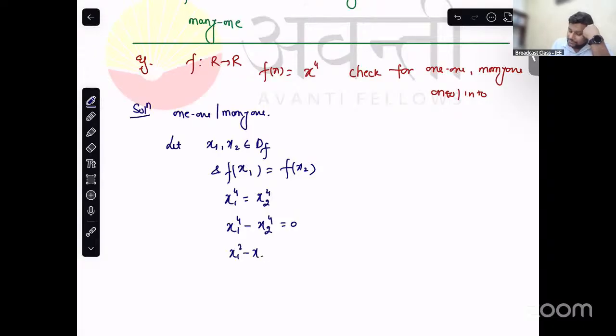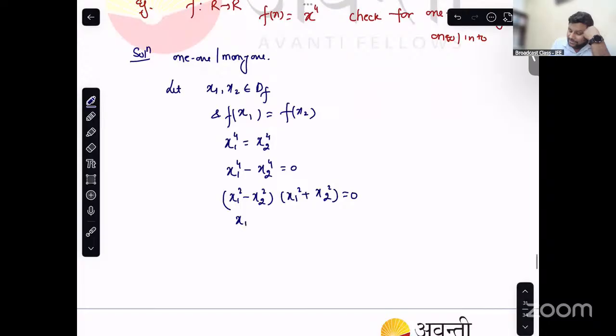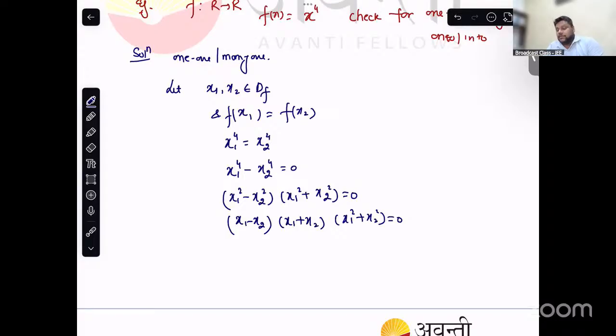That is (x1 square minus x2 square) into (x1 square plus x2 square) equal to 0. This can further be written as (x1 minus x2) into (x1 plus x2) into (x1 square plus x2 square) equal to 0. Now see, this cannot be 0, I know.